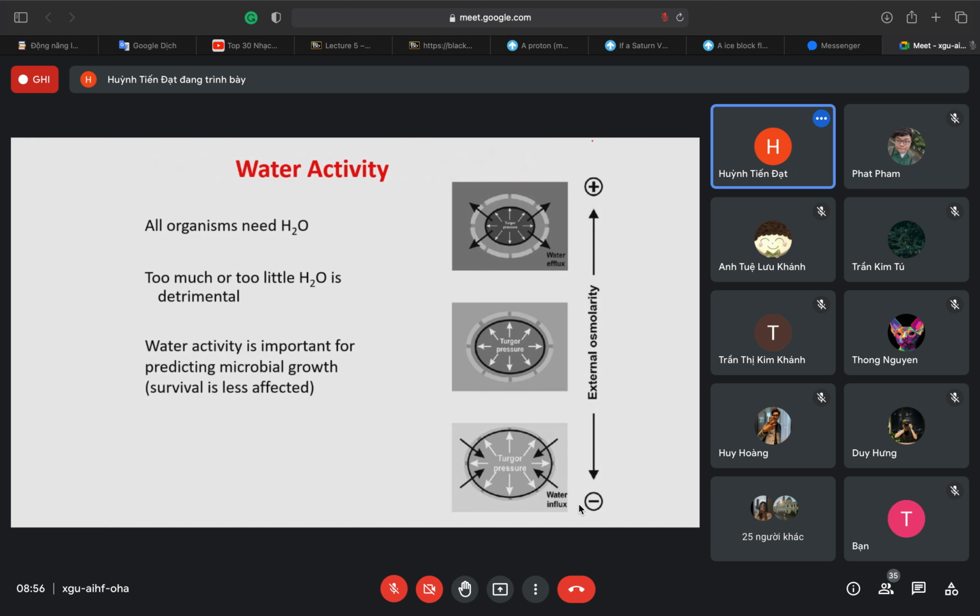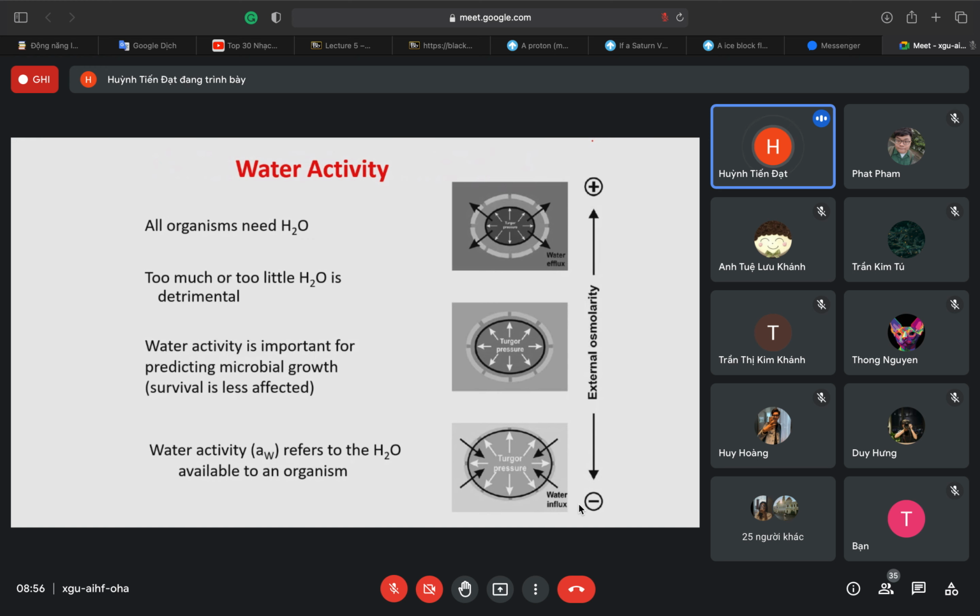So water activity is important for predicting microbial growth. For example, survival is less affected, but growth is more affected. If you try to control it in combination with the pH, we can use water activity adjustment.